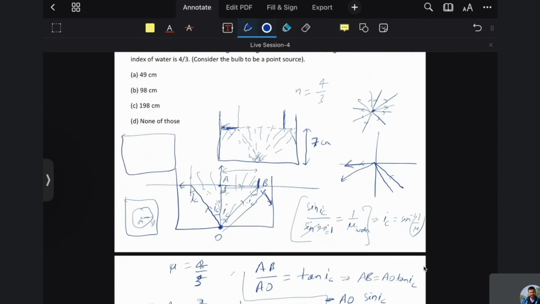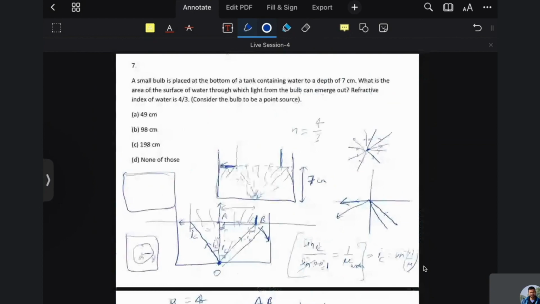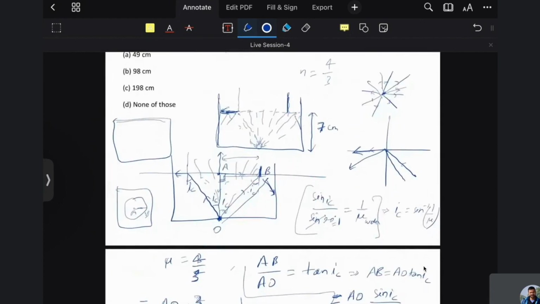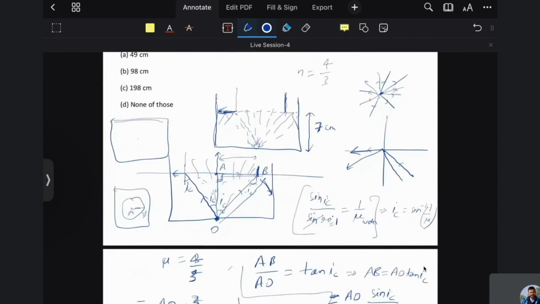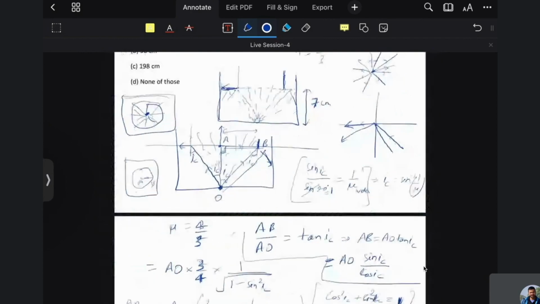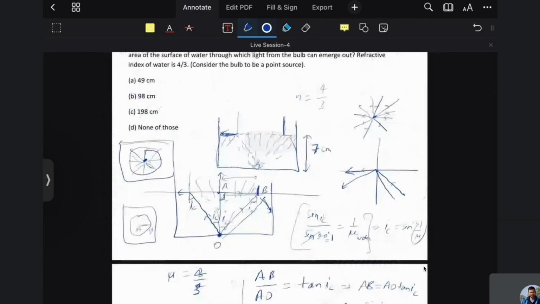This is the top view of this tank, and inside it, this is the bulb. So light will come out from all directions, so it will form a circle. You have to imagine it. Can you imagine it?